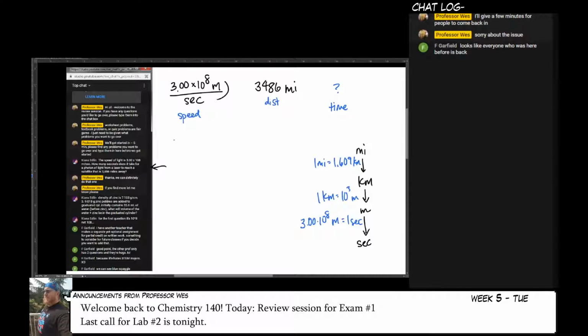So let's do the dimensional analysis here. We'll go 3486 miles. We're going to cancel out miles for kilometers. We're going to cancel out kilometers for meters. And then we'll cancel out meters for seconds.